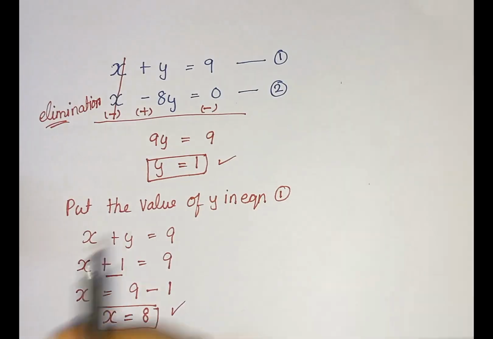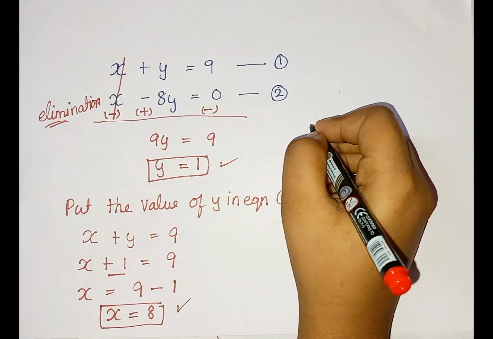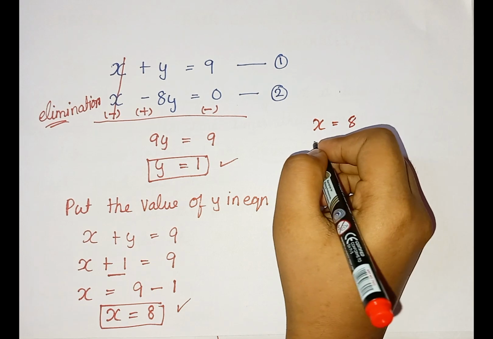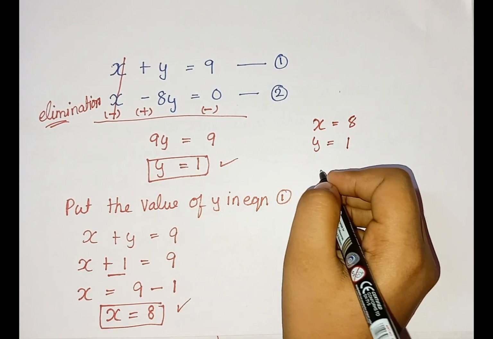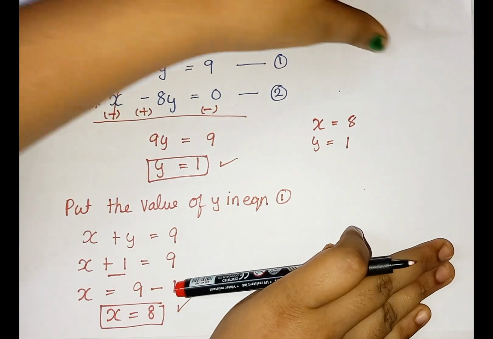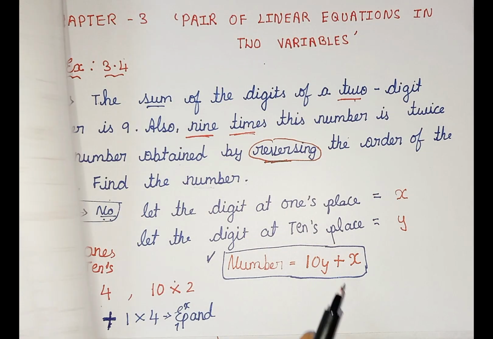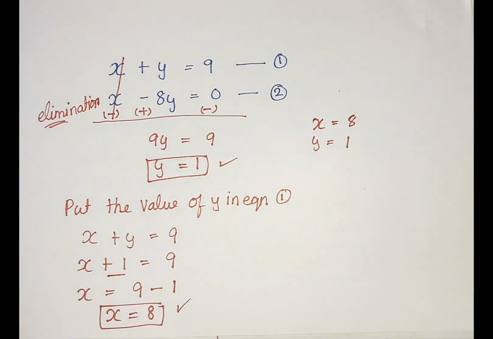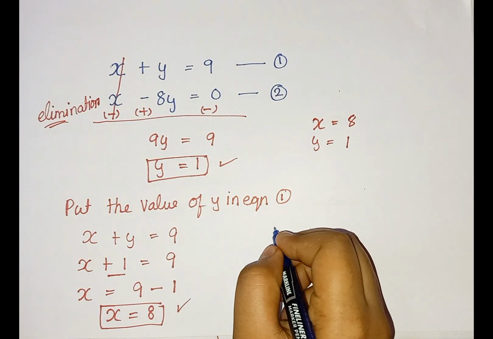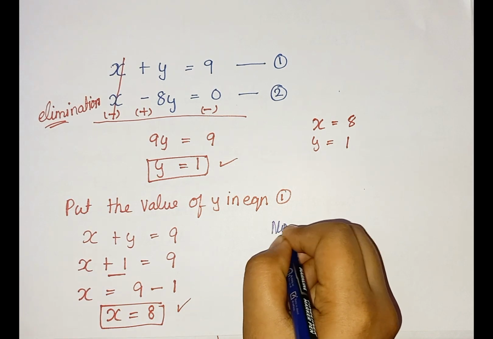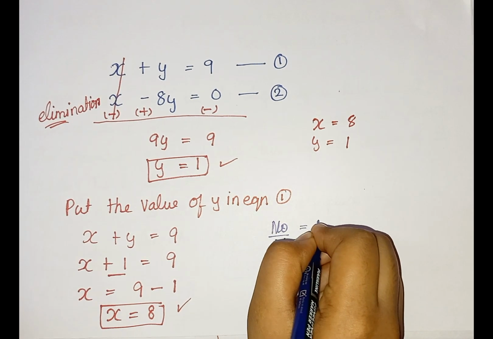So the y value is 1. Now you know that we wrote a number, right? So number is equal to 10y plus x. Now let us substitute the values. So what is the number?